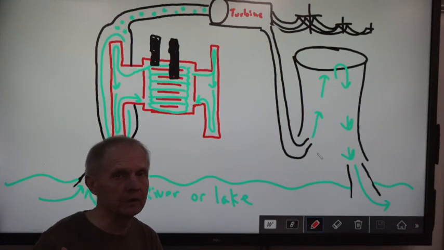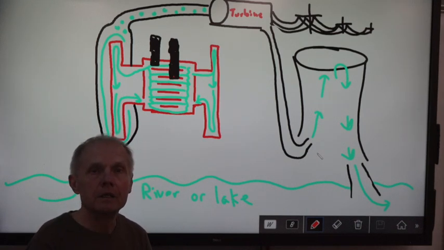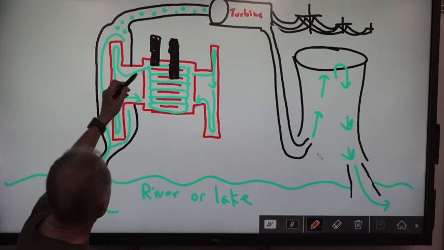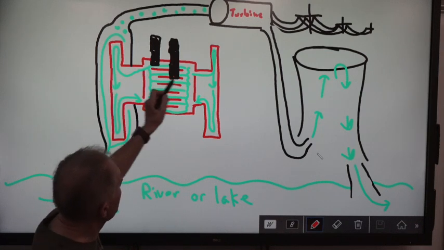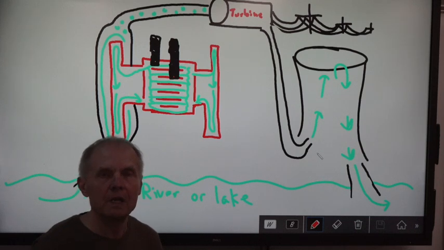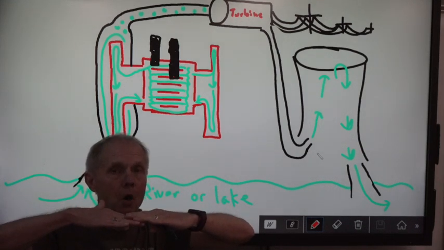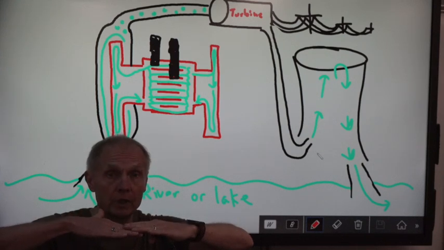But the problem was no fresh coolant came in to take the place of the superheated coolant. So the heavy water level started to drop in the reactor. And as the heavy water dropped in the reactor, it dropped below where some of the fuel rods were.